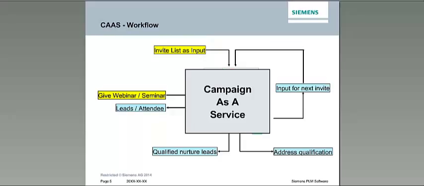So that whole block in here, and that's the reason why I made it so tiny, is really a campaign as a service. You deliver the invite list as an input into that service model, and you will get leads and then qualified nurture leads out of it. So that is in essence the total idea about that.